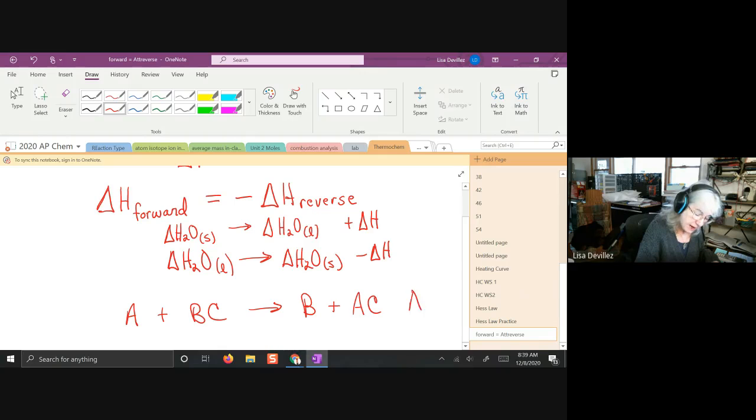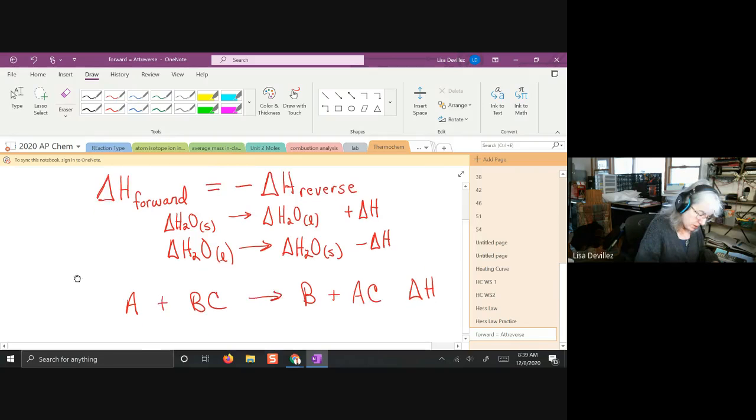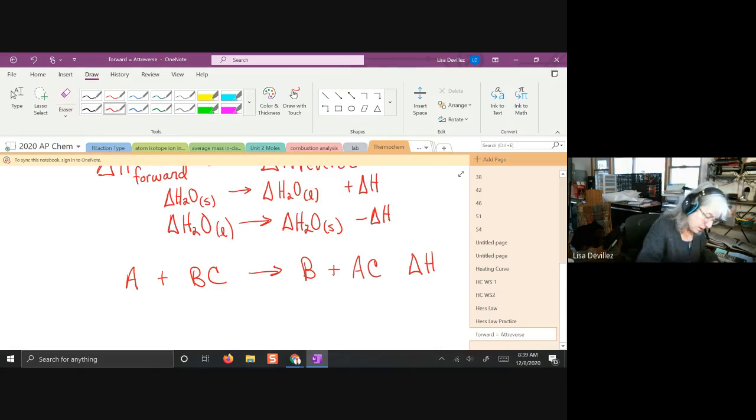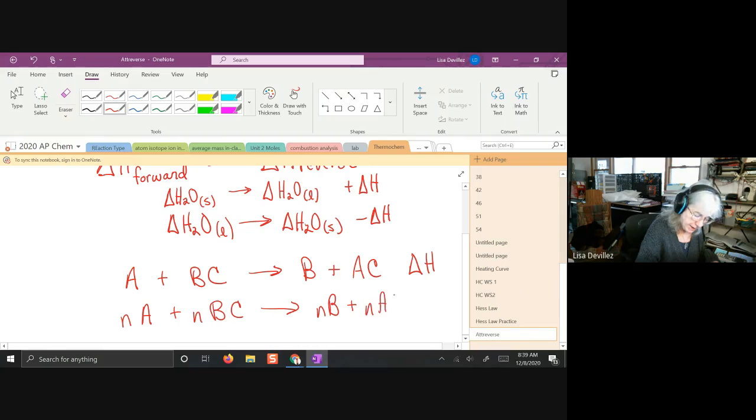If that has a certain value for its delta H, and I multiply everything in the reaction by some value n, then it also multiplies the delta H by that factor.